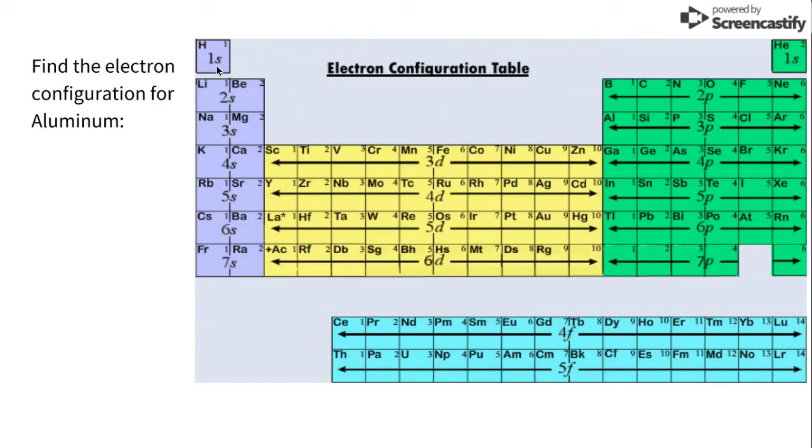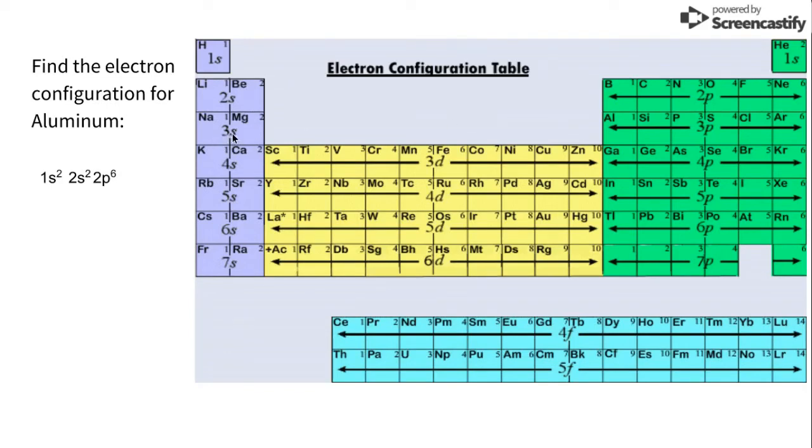And in the 1s, I have 1, 2 boxes. That gives me 1s2. The next is 2s. In 2s, I have 2 boxes, 2s2. Moving across, the next one I get to is 2p. 2p has 1, 2, 3, 4, 5, 6 boxes, 2p6.